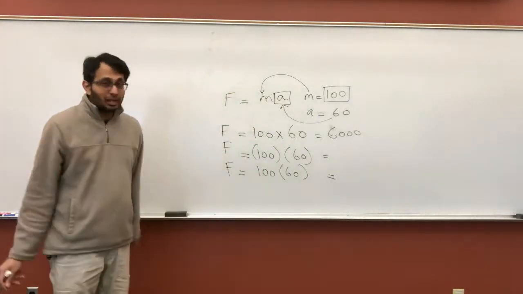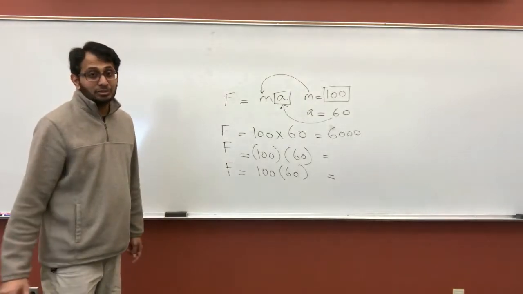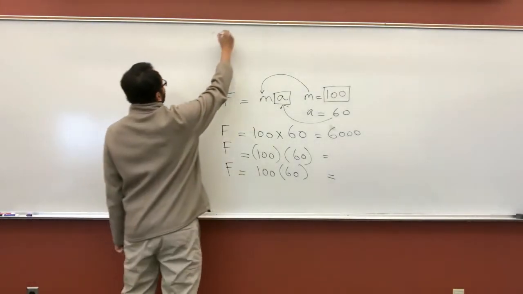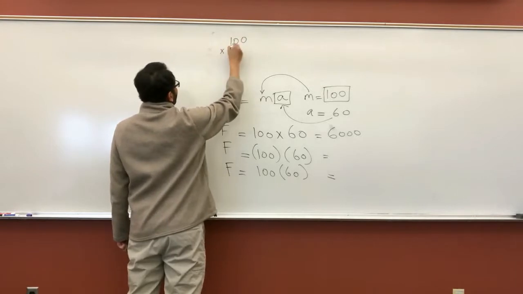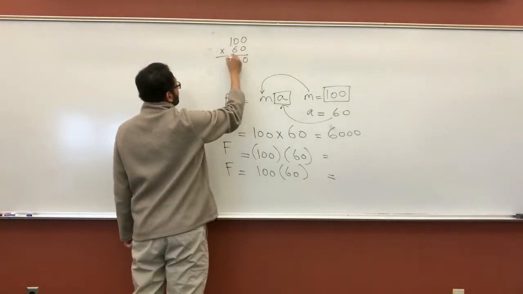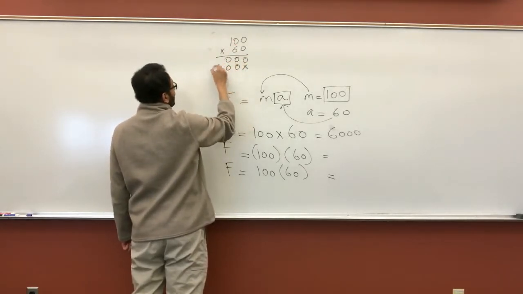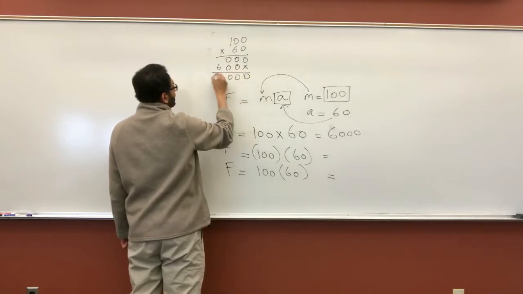Now, even if you pull out your calculator or do it the long way, you're going to get exactly the same answer. For example, this is the long way. 100 times 60. Now, 0 times any number is 0. 6 times 0, 6 times 0, 6. Then you add.